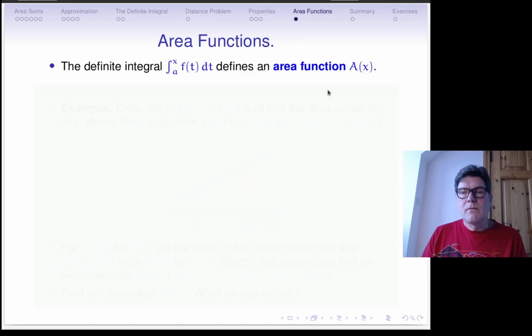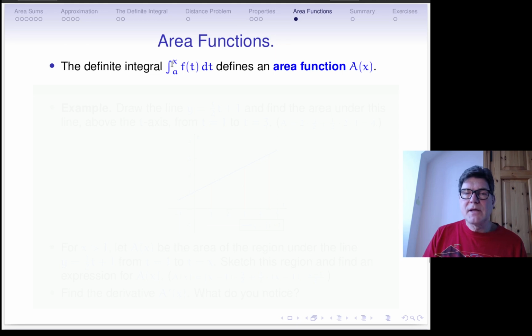Finally, I want to slightly switch the point of view and regard such a definite integral as something with a variable upper bound x. Let's regard this integral now in terms of a variable t, the integral from a to x of f of t dt.